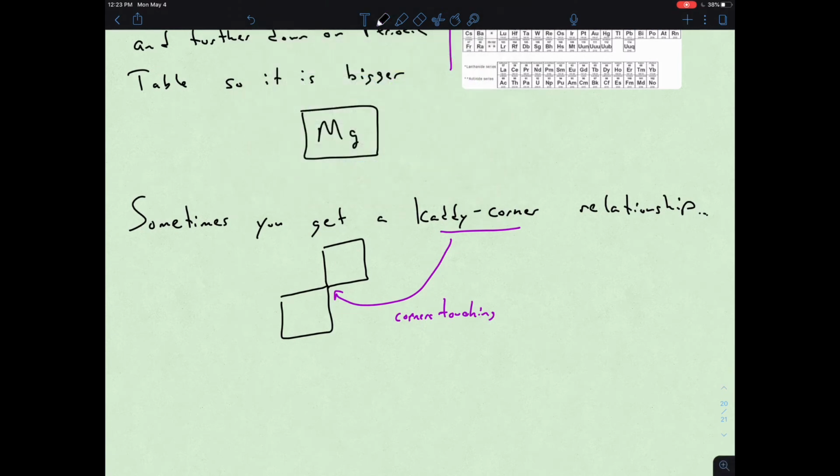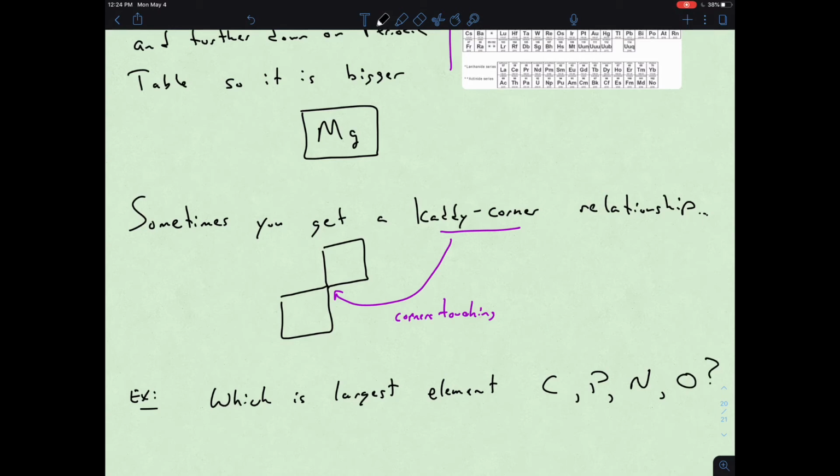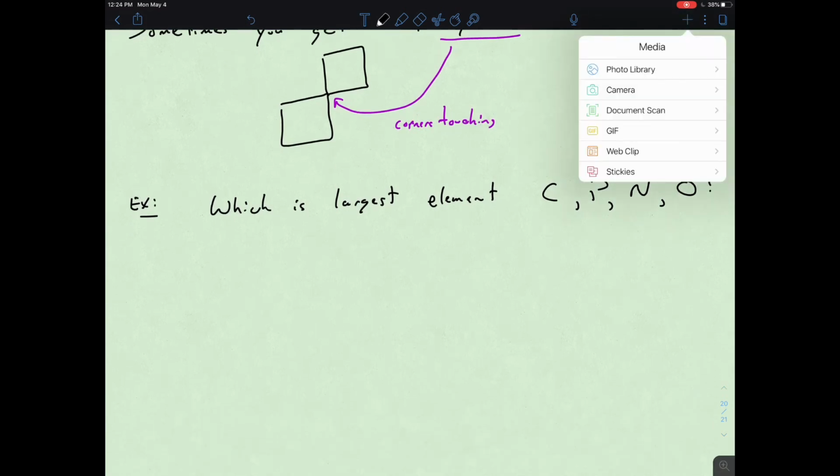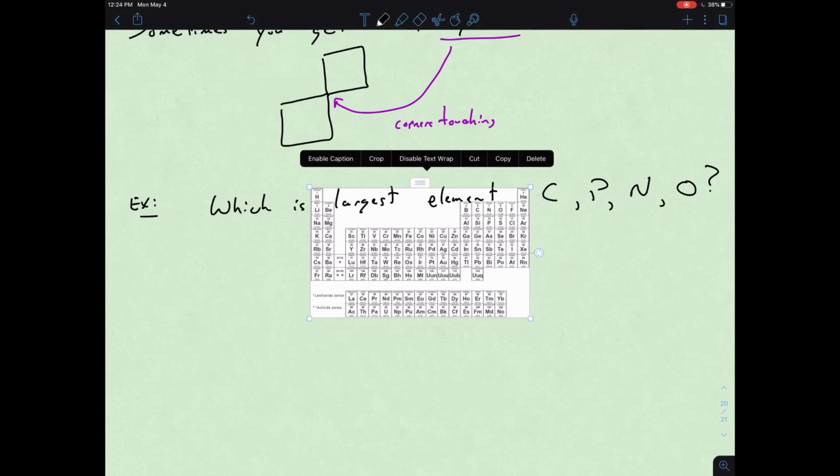So let's do an example and try to highlight this. Which is the largest element: carbon, phosphorus, nitrogen, or oxygen? So if we go to our table, and I think that's always a good idea, get the periodic table out.